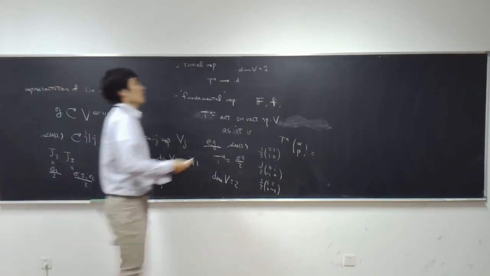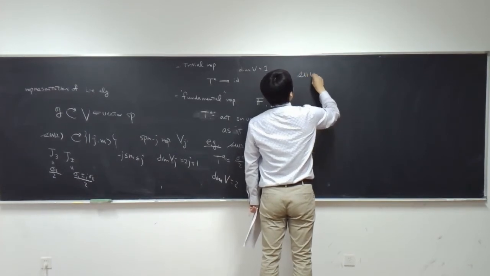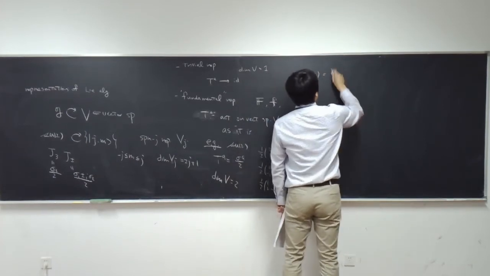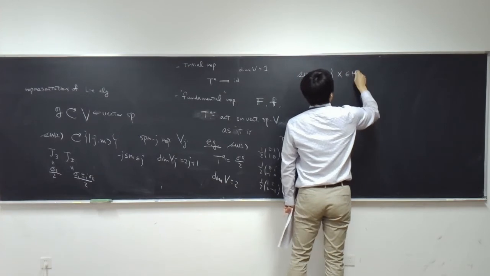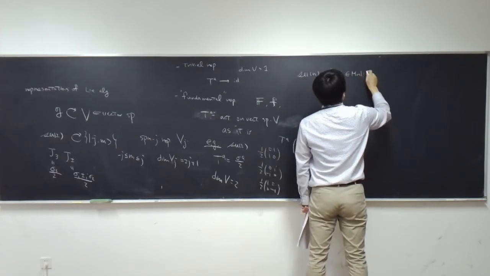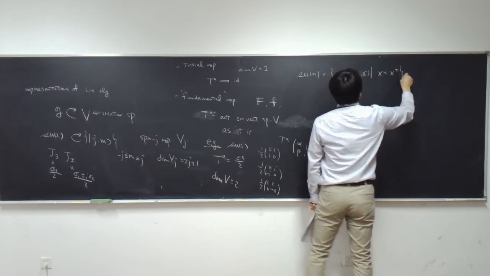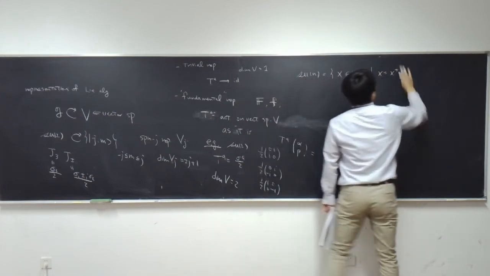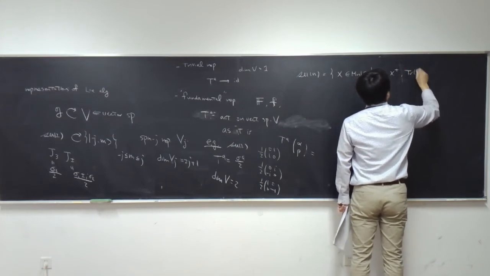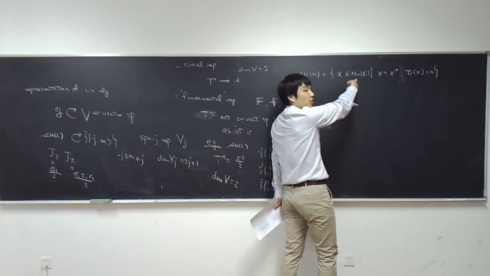For instance, SU(N) is, as I told you, the set of X in M_N of C such that X is equal to X dagger, and also the trace of X is equal to 0. So as a matrix, it's an n by n matrix.